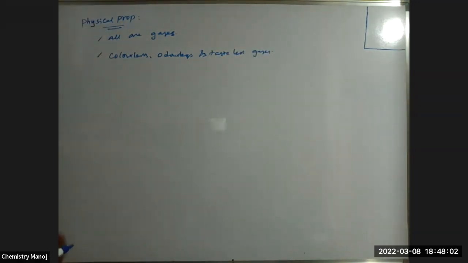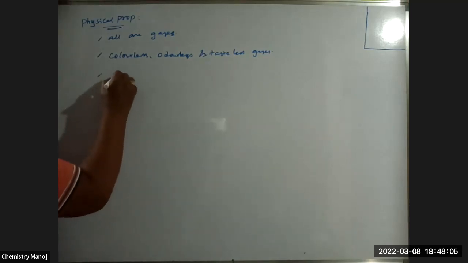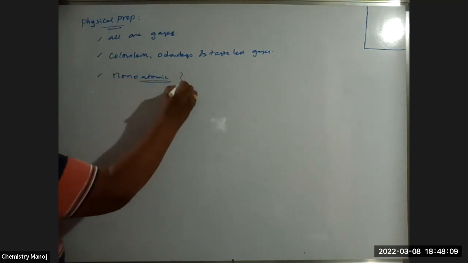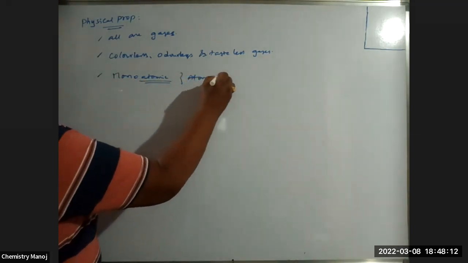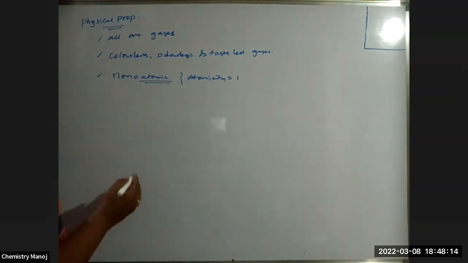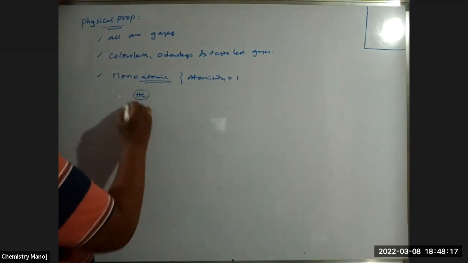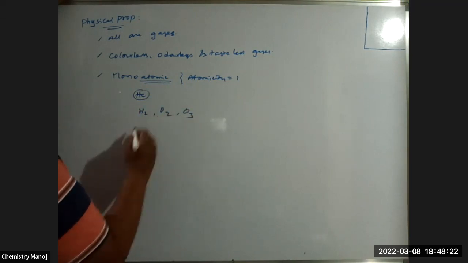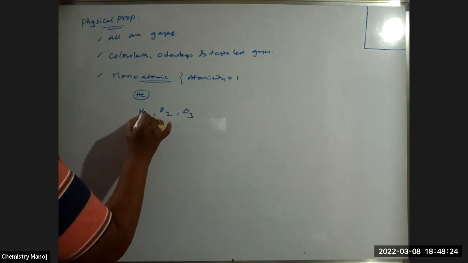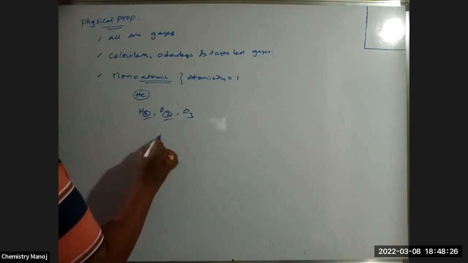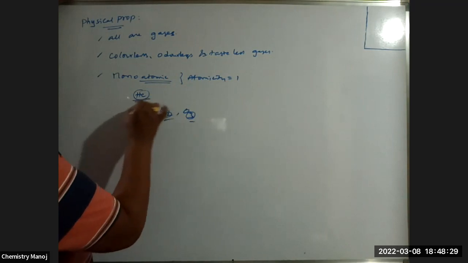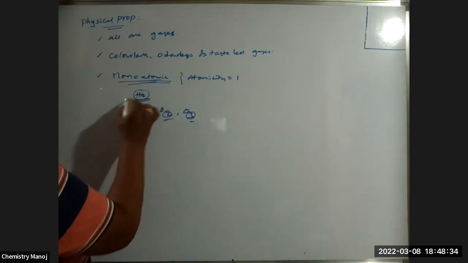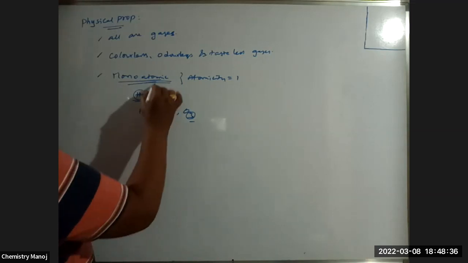All these are monoatomic, meaning the atomicity of these gases is equal to 1. Helium exists only as He. For example, hydrogen exists as H2, oxygen O2, ozone O3. Hydrogen atomicity 2, oxygen atomicity 2, ozone atomicity 3, but helium atomicity only 1. Helium, neon, argon, krypton, xenon are all monoatomic gases.